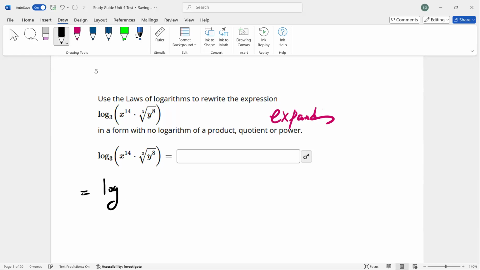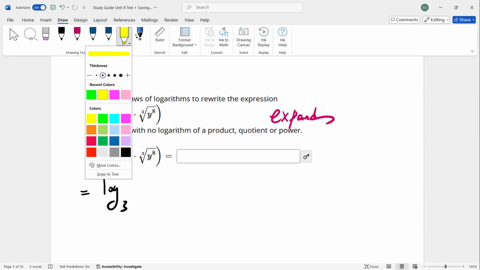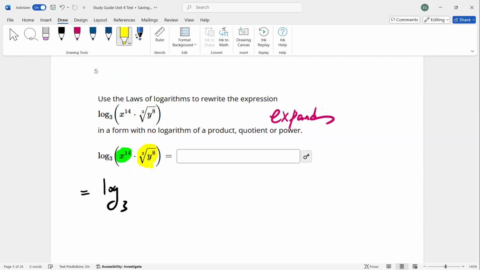Let's analyze the structure of the argument. What I see is a product. The argument is a product, so we are going to use the product rule. We write log with base 3 of green times yellow as log with base 3 of green plus log with base 3 of yellow.